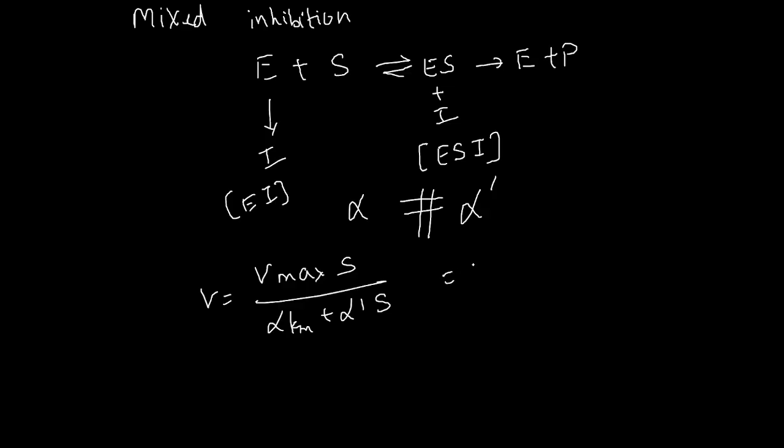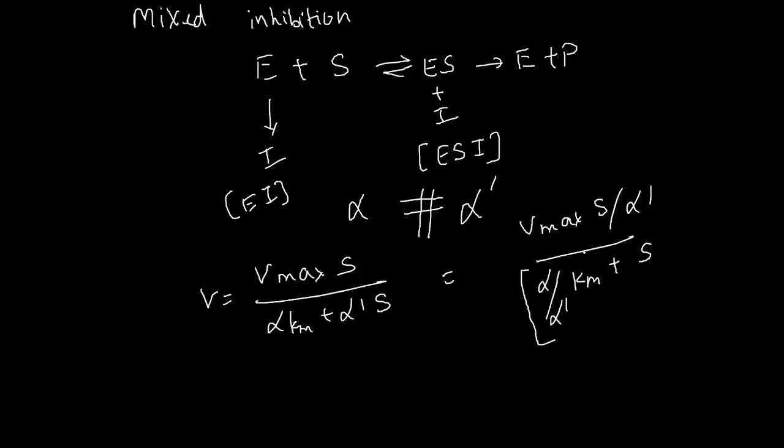If you divide by alpha prime, you will get alpha by alpha prime Km plus S. So depending on what is the value of alpha and alpha prime, the apparent Km can increase or decrease.